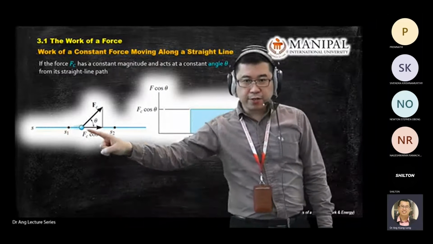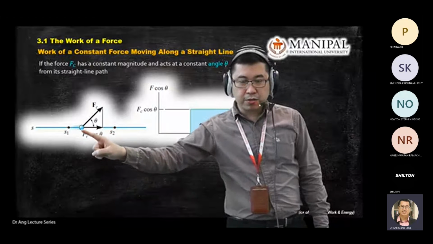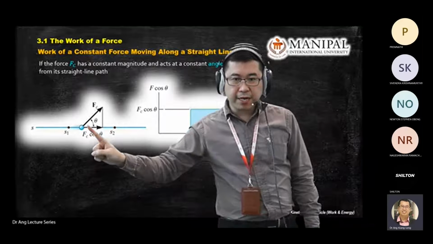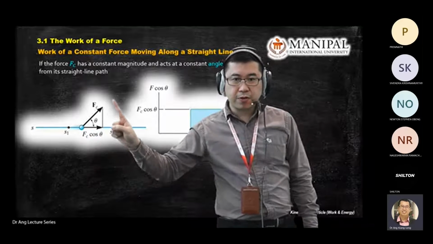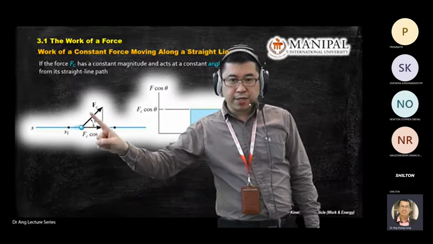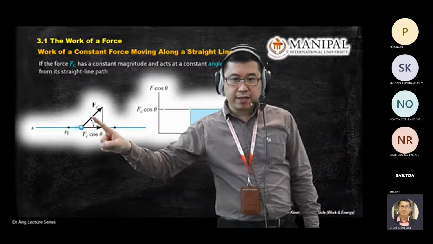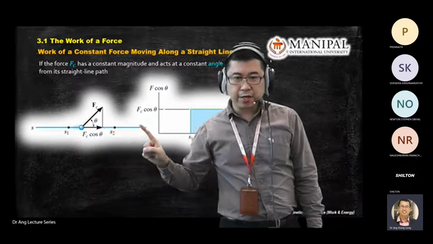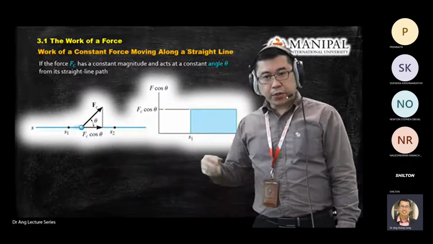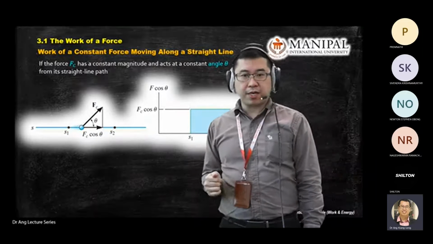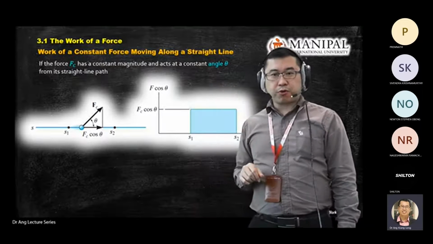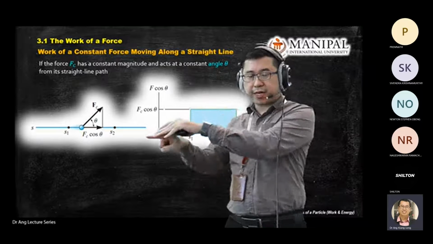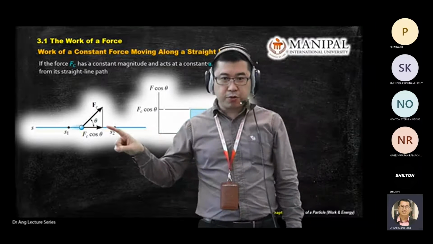So when your particle moves along a straight line, acted on by this force, and this force has an angle theta from the reference line of the pathway. Again, back to the definition of work. How is work produced? When the force and the displacement go together, they produce work.